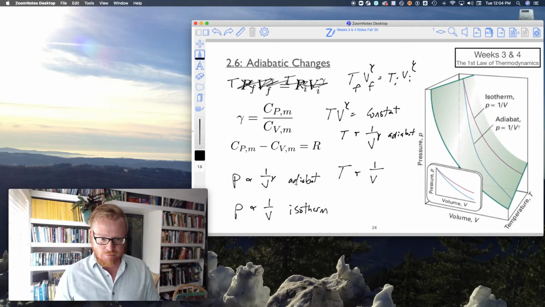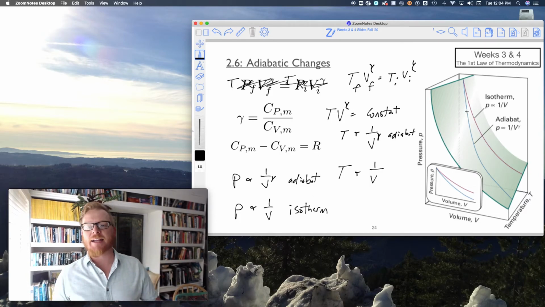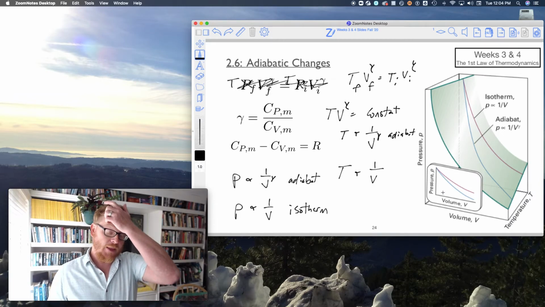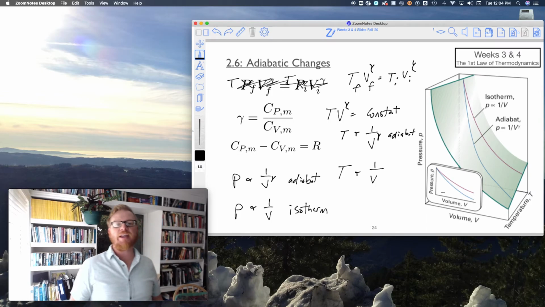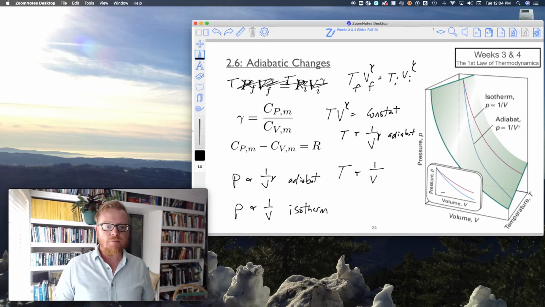This means that adiabats fall off steeper. They have a steeper slope when you look at a two-dimensional graph. You can see that the adiabat has a steeper P versus V relationship than the isotherm. That's because of these additional degrees of freedom that are required to be populated throughout this expansion or compression.